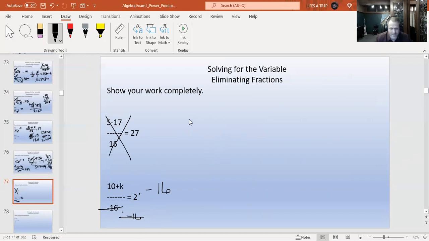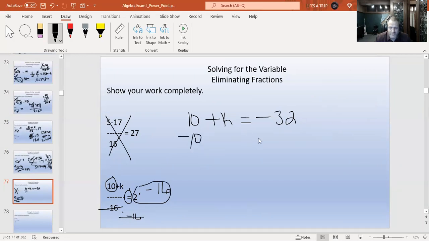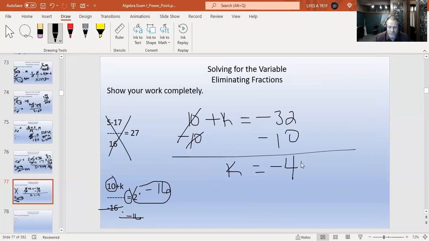So we've got 10 plus K equals negative 32. All right, so let's get rid of that 10 and get that K by itself. And cross out, K equals negative 42. All right, that's our answer, guys.